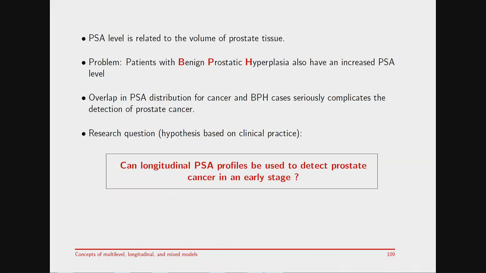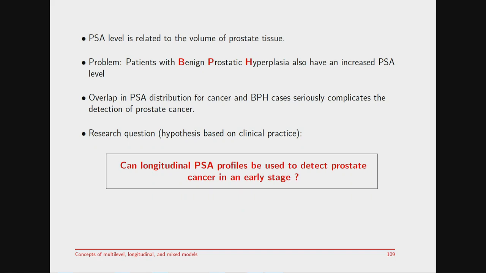Later on, clinicians themselves hypothesized that maybe PSA would be useful, but that you would have to look at longitudinal profiles. The idea was that in benign prostatic hyperplasia cases, the PSA value increases, but very slowly, while in cancer cases, you almost have an exponential increase in the PSA.